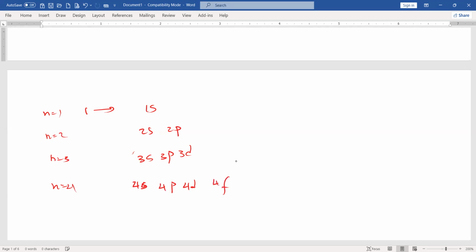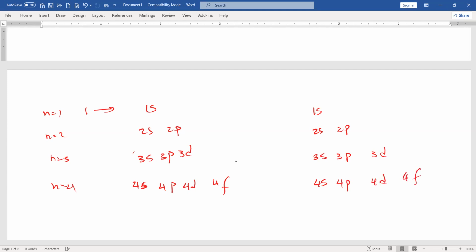But we know that electrons fill according to the Aufbau rule. It is 1s, 2s, 2p, 3s, 3p, 3d, 4s, 4p, 4d, 4f.